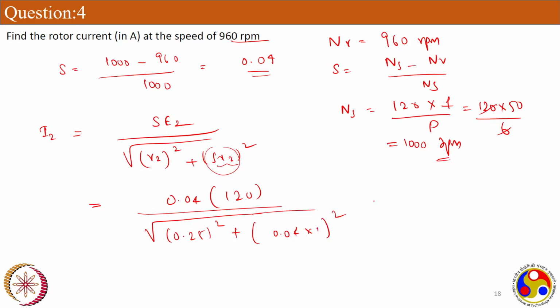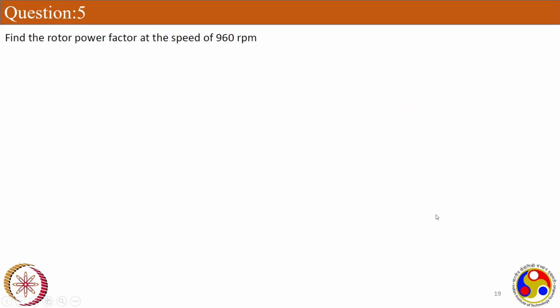Anyhow, at standstill or any running slip, the resistance won't change, so it's independent of frequency. You can calculate using your calculator. It will come around 18.95 amps. So this is the rotor current when it is rotating at the speed of 960 rpm.